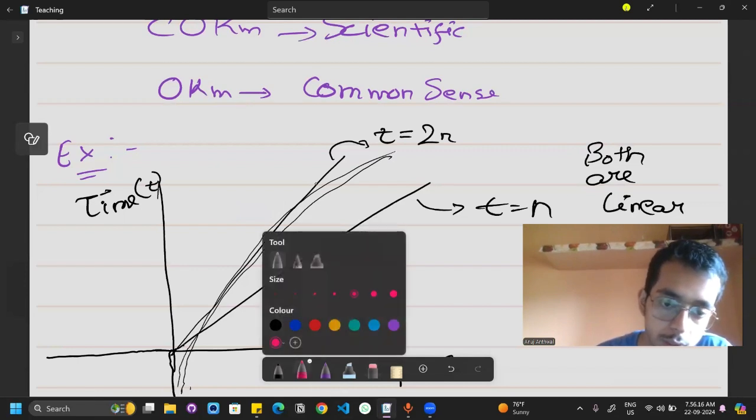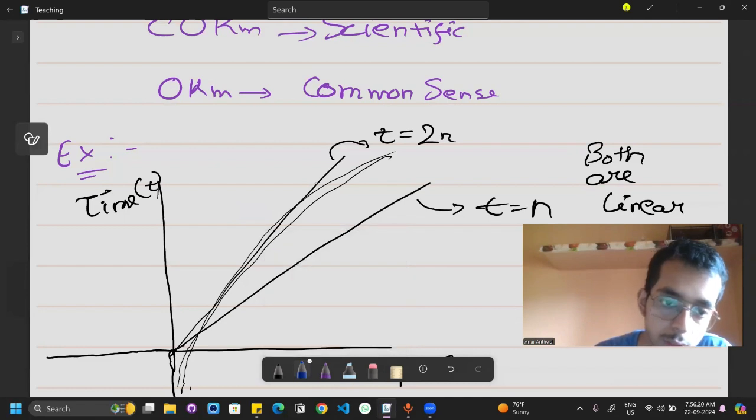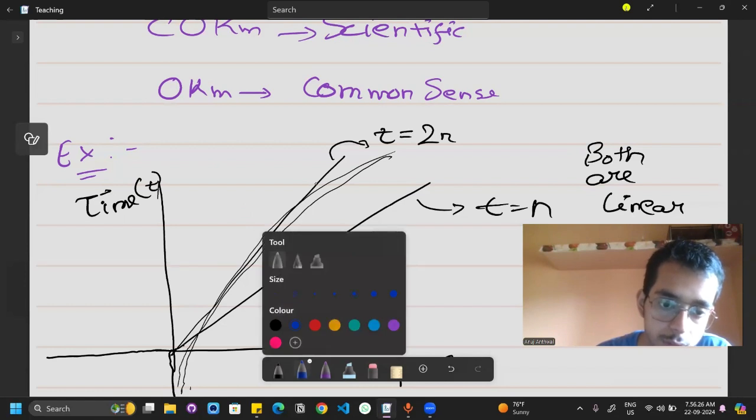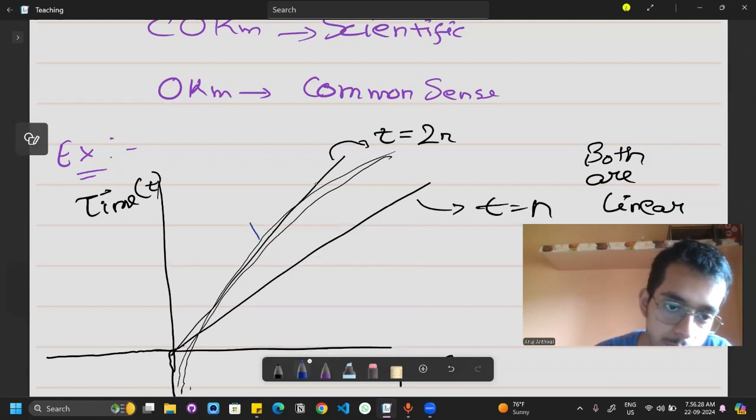So let me change the color a bit. The above one, let's say it is k1 log n, and this is k2 log n.